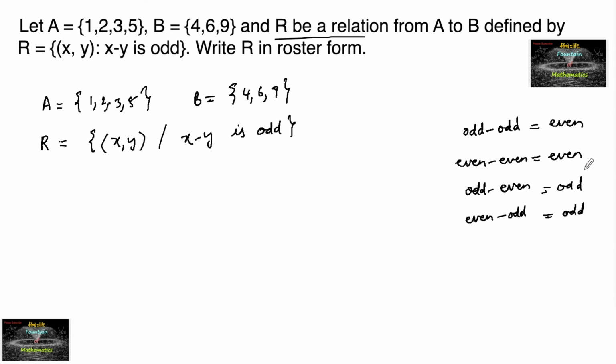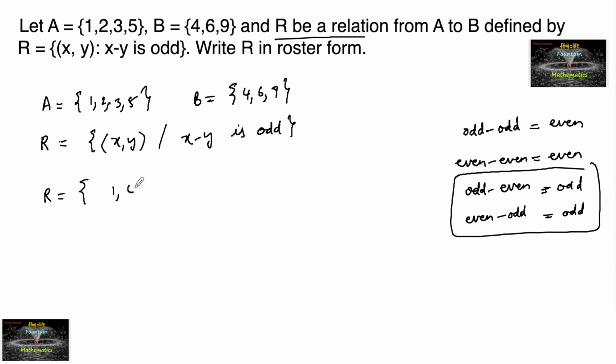And since we require only odd numbers, we will consider these cases, odd and even. That is, from the first set if we consider an odd number, then in the next set we need to think about an even number.